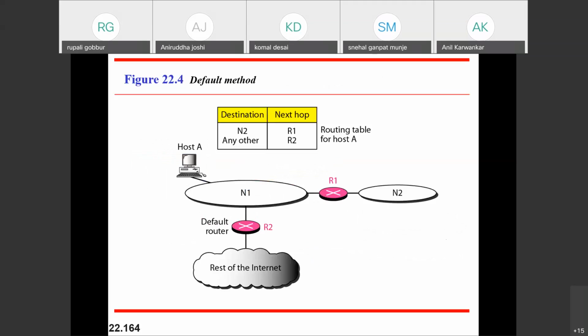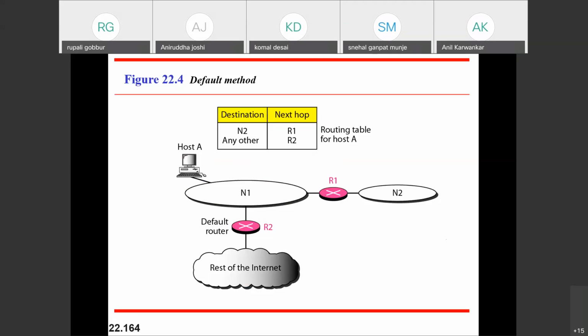If the number of devices goes on increasing, then it will be a destination and the next hop that will be part of the routing table. Here in this particular example, for host A, the routing table will be from N1 to N2. The default router may be connected to R2, then R2 to the rest of the network, and R1 and network 2 are part of a common router that is connected.